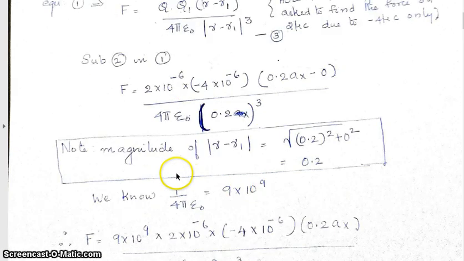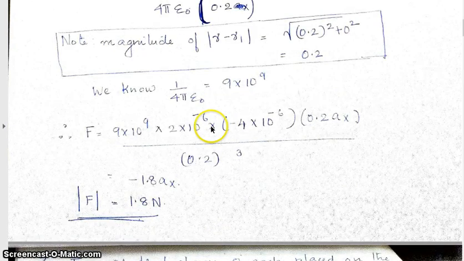Then 1 by 4 pi epsilon 0 is equal to 9 into 10 raised to 9, that you have to learn by heart. Finally you substitute the values and you will get F is equal to minus 1.8 ax, and if you take the modulus it's enough to write 1.8 Newton, that is the unit of force. So that's all.